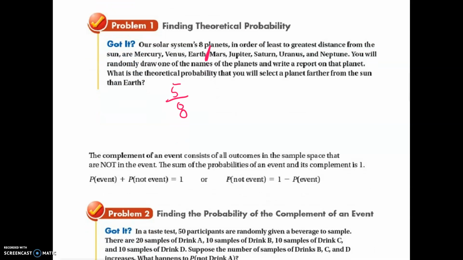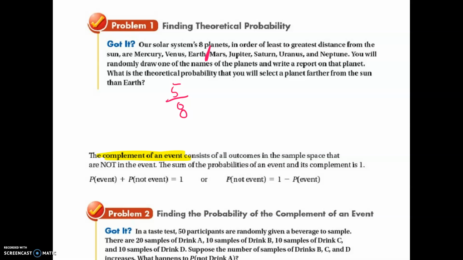Now, sometimes when we talk about probability and theoretical probability, we also talk about the complement of an event occurring. So the complement of an event consists of all the outcomes in the sample space that are not in that event. So basically, it's what isn't going to occur.